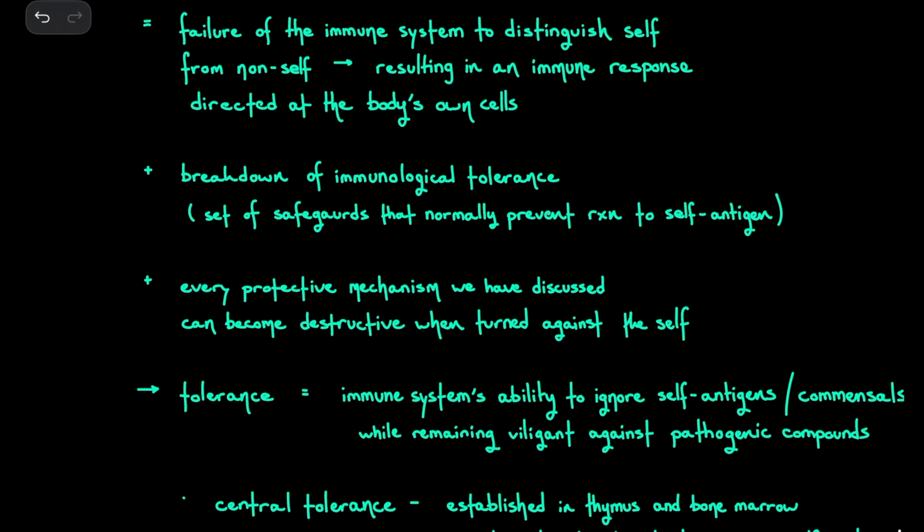Another case is bystander activation. During infection, specifically chronic infection or tissue injury, inflammatory cytokines will activate nearby antigen-presenting cells. And these APCs can accidentally present self-antigens in a co-stimulatory context.